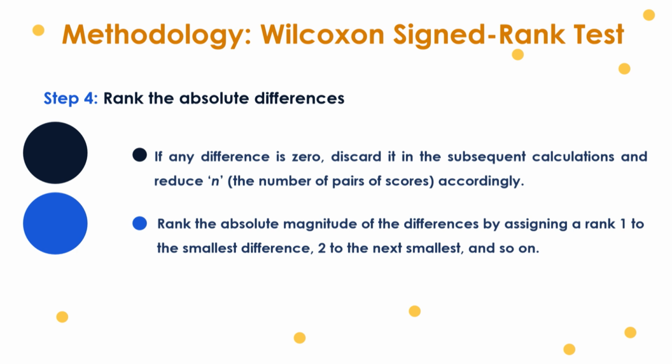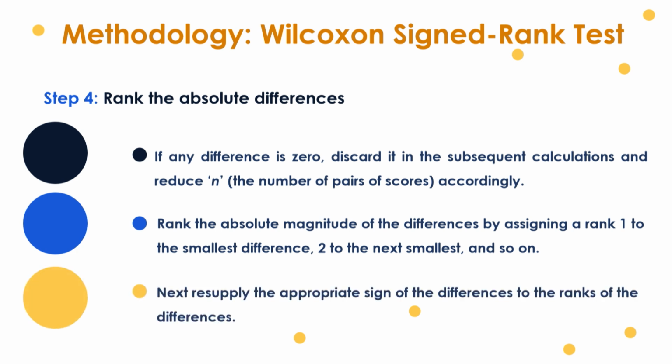Always remember to take the absolute value, the modulus of the difference, assigning rank 1 to the smallest difference and 2 to the next smallest, and so on. Next, reapply the appropriate sign of the difference to the ranks of the differences we have calculated.